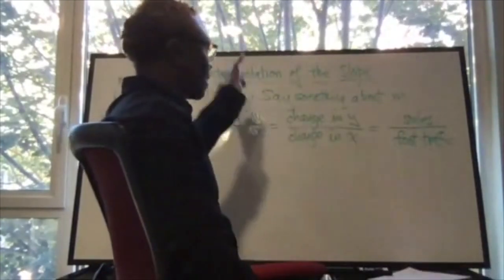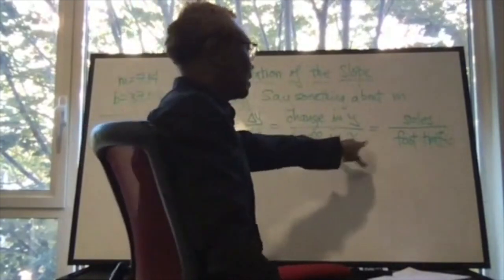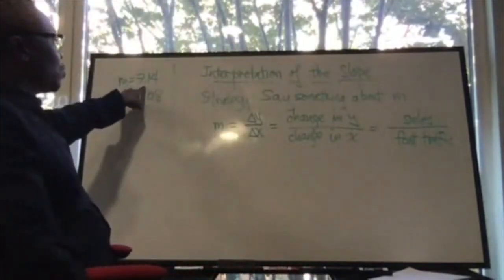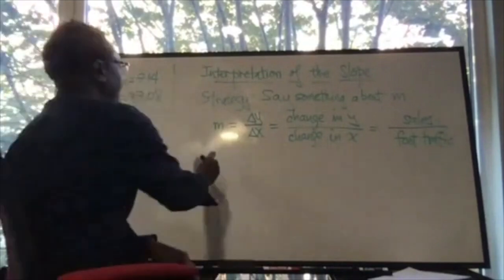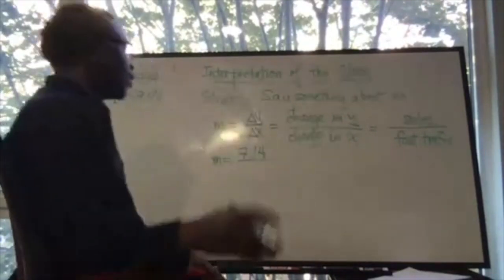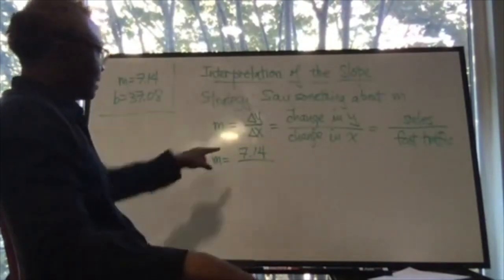Because see, it's the change in Y. Whatever column Y was, it was sales. And in our example, the X represented foot traffic. So when I interpret this slope, namely this value 7.14, M equals 7.14 over what? Think real carefully.